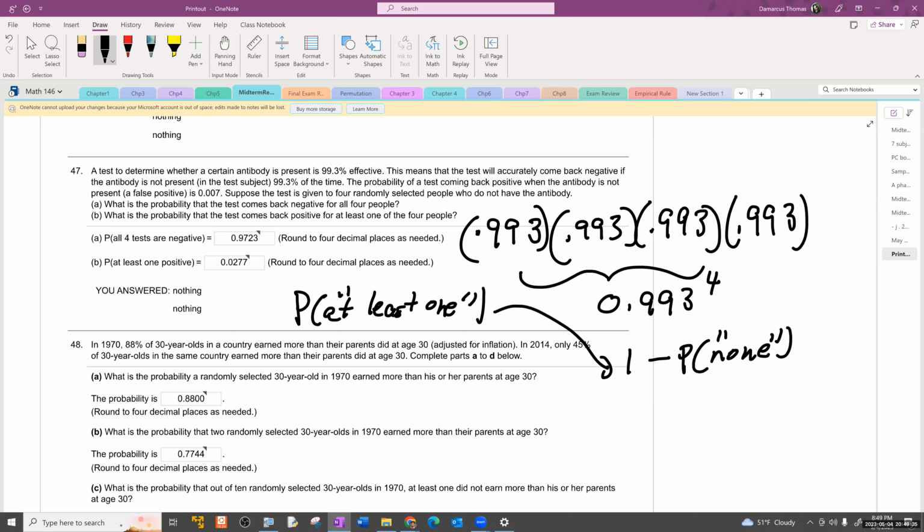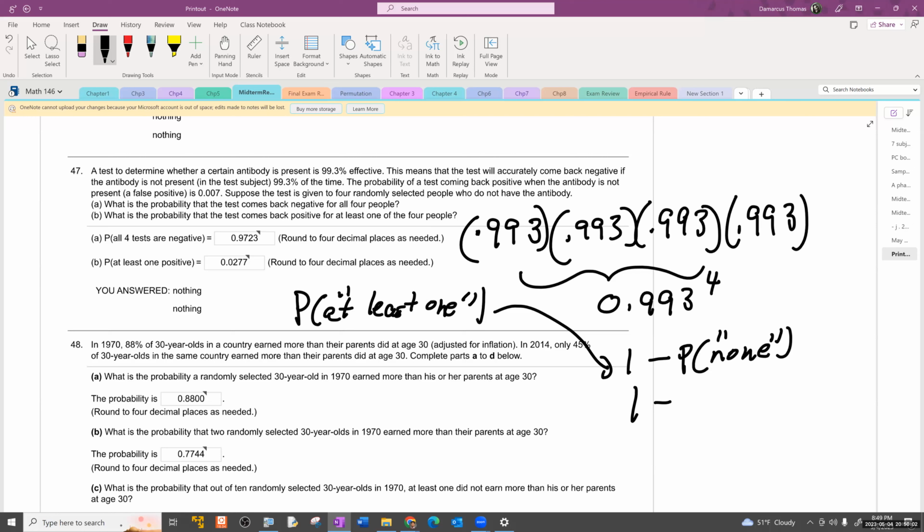So for them to say, what's the probability of at least 1 being positive? Well, what's the probability that none are positive? Which also means if none are positive, that means they're all negative. And we just calculated that probability.